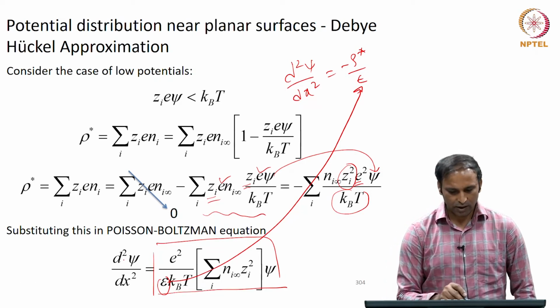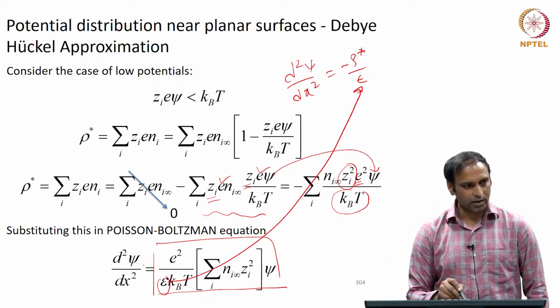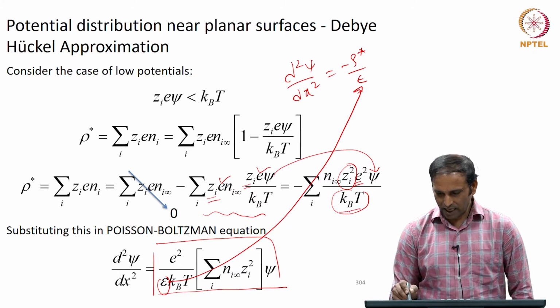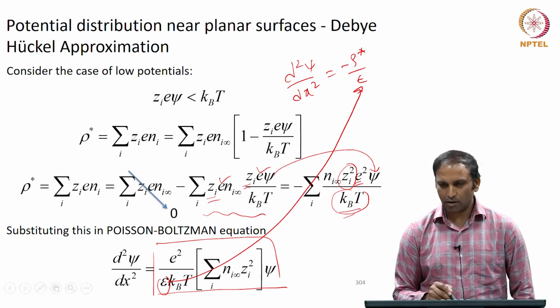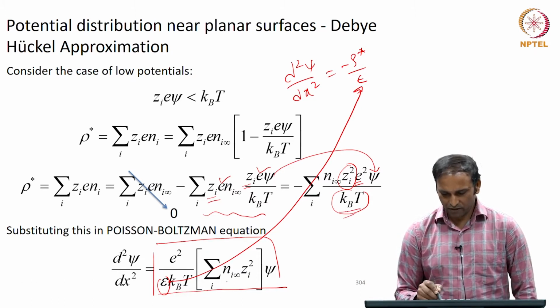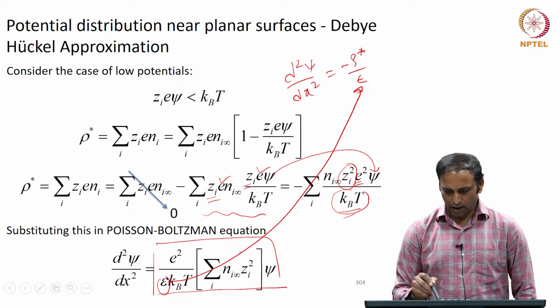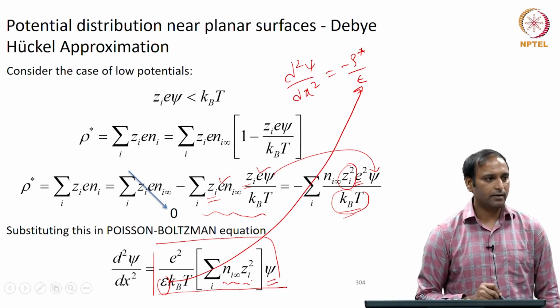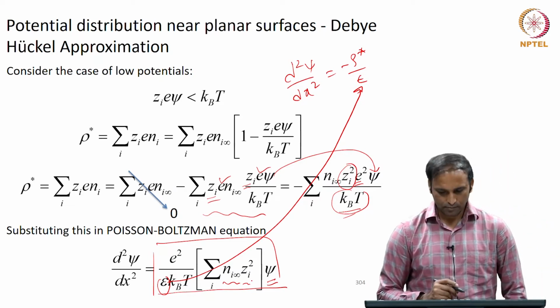So d square psi by dx square is equal to E square divided by kBT and epsilon, times the summation over all the ions in the solution of Ni infinity into Zi square, multiplied by psi. Is that okay?